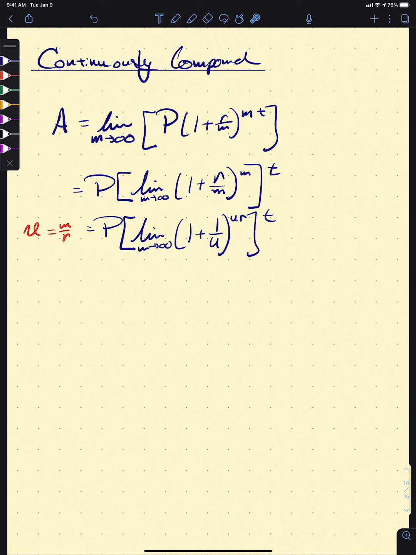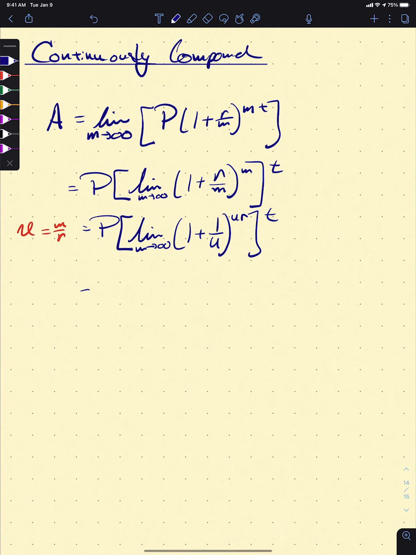But notice that as m goes to infinity, all of a sudden the statement doesn't have any m's in it. But r is a fixed value, and so as m goes to infinity, u is going to go to infinity. Further, this r, for the same reason that the t hopped out, this r can hop out, and our function looks like this.